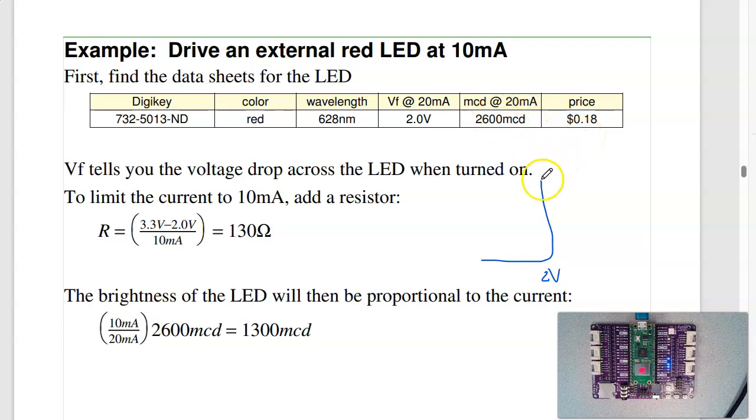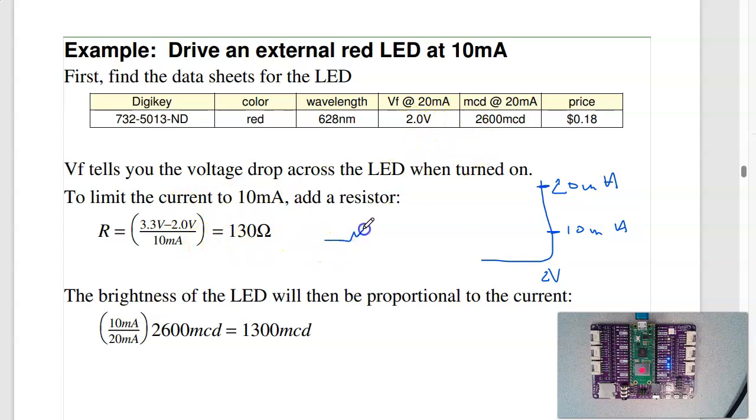If I want to drive this at 10 milliamps, well, at 20 milliamps, it's rated at 2.0 volts. Because this is exponential, at 10 milliamps, it's still basically 2 volts. That's an ideal diode model. So if I want 10 milliamps flowing through it, if I've got a 3.3 volt output from the Raspberry Pi Pico, I lose 2 volts across the LED.